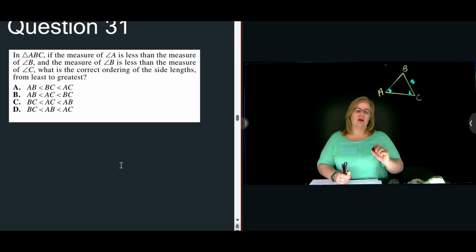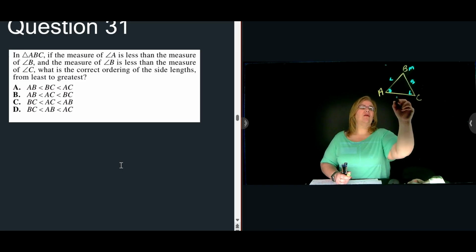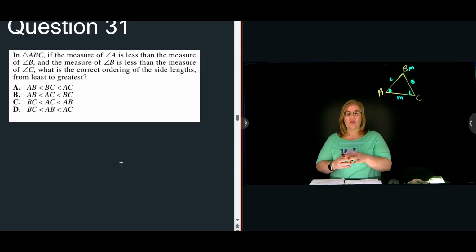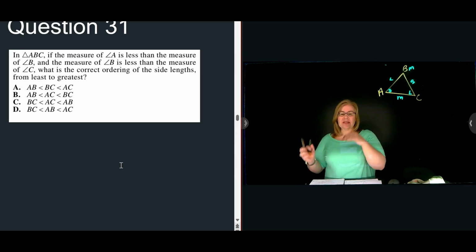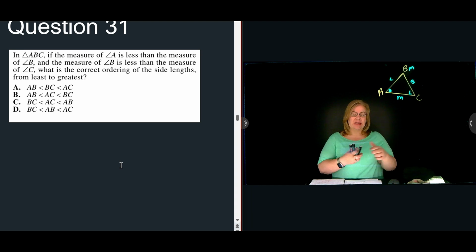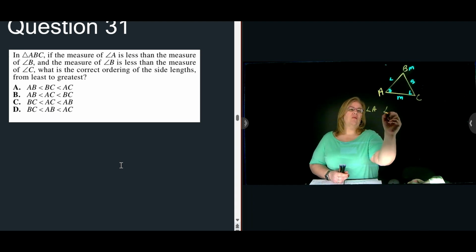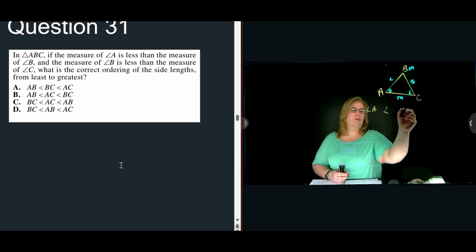If this is the largest angle, this is the largest side. And if this is in the middle, obviously this is in the middle. So let's go ahead and write that to see how we can note the least angle to the greatest angle. So the least angle is angle A, which is less than angle B, which is less than angle C.